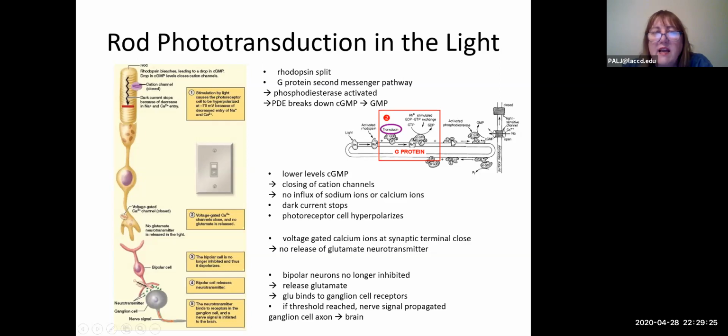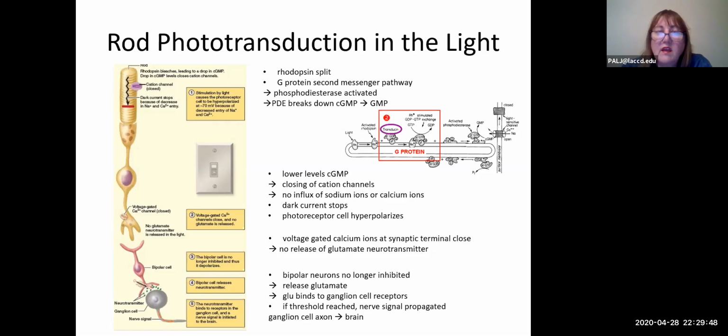So phosphodiesterase breaks down cyclic GMP to GMP. So that's how we're getting our drop in cyclic GMP. Okay, so the bleaching activates the G protein, which causes cyclic GMP to fall off.